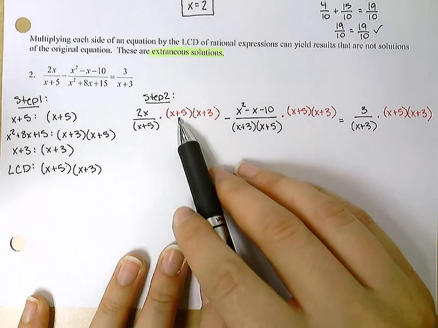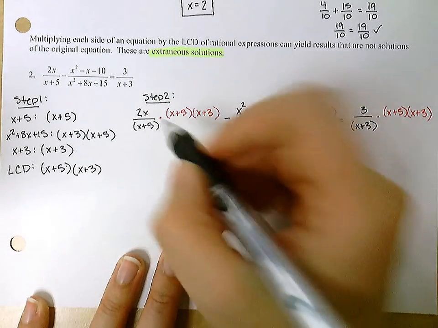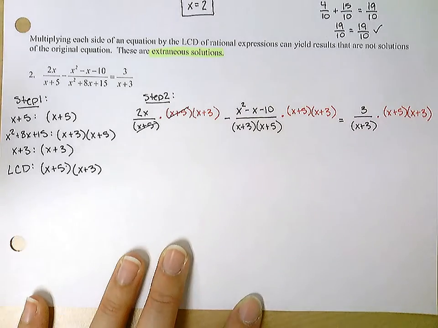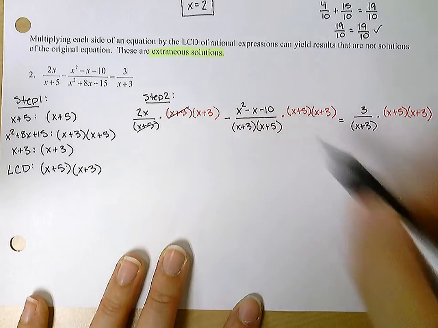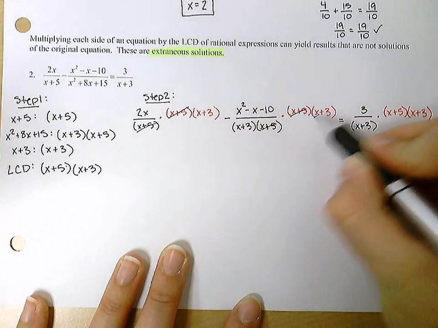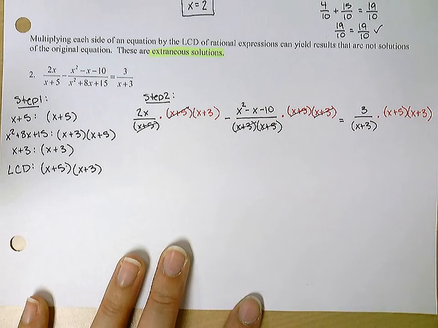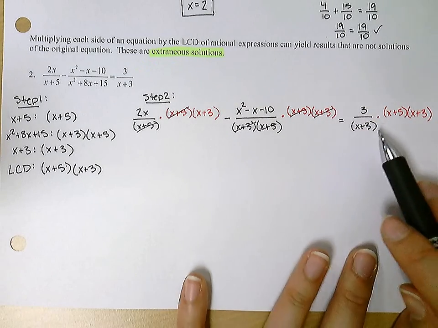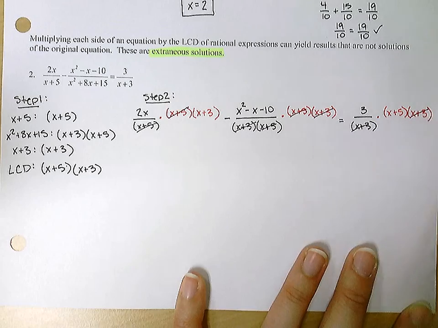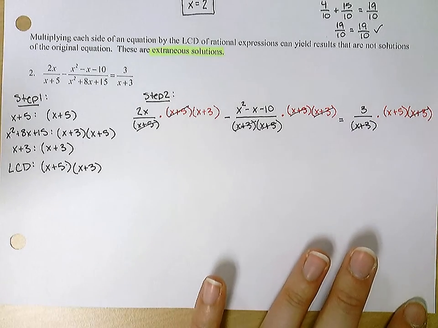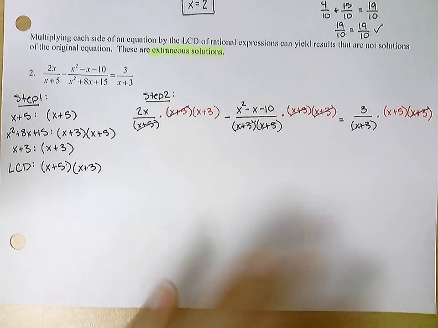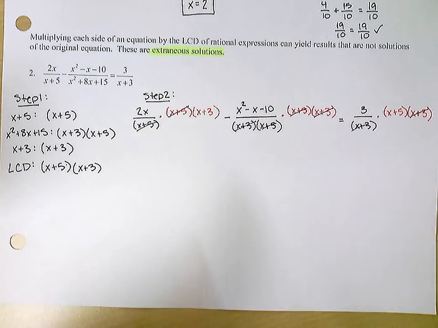So I have an x plus 5 over an x plus 5, x plus 5 over x plus 5 and x plus 3 over x plus 3. The last one, we cancel out the x plus 3's. So again, your denominators should always cancel out for these types of problems.